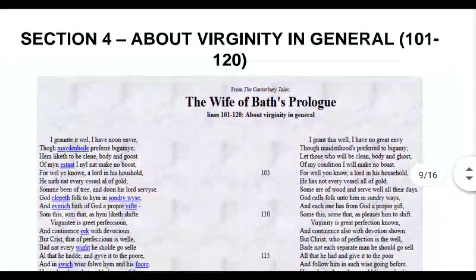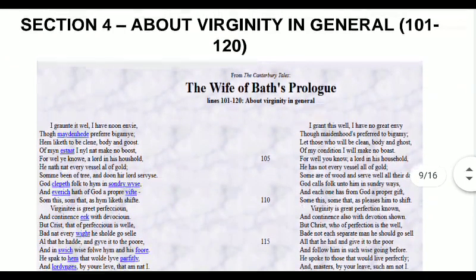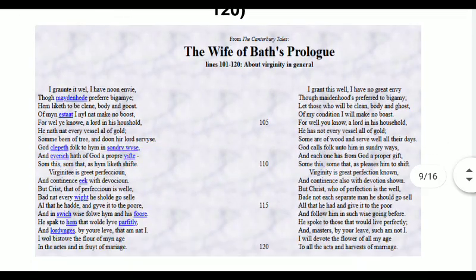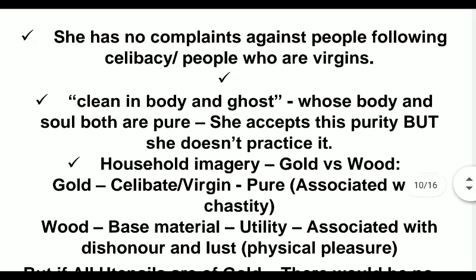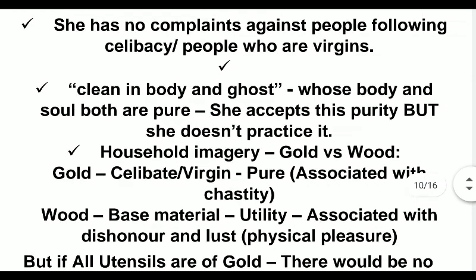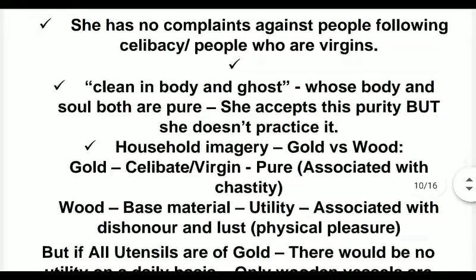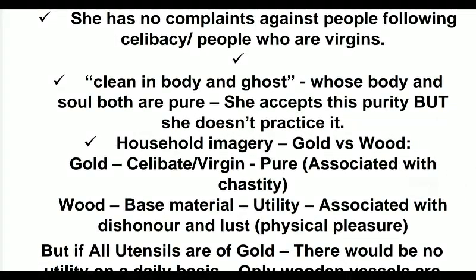To section 4, which is where Wife of Bath talks about virginity in general, and she says that she has no real complaints against people following celibacy, people who are virgins. And there is a line, clean in body and ghost, like people who are celibates, people who are virgins, both their souls and their bodies are pure.